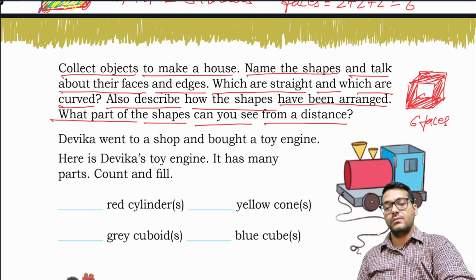Number of corners 1, 2, 3, 4, 5, 6, 7, 8. 8 corners. And number of edges 1, 2, 3, 4, 5, 6, 7, 8, 9, 10, 11 and 12. 12 edges.